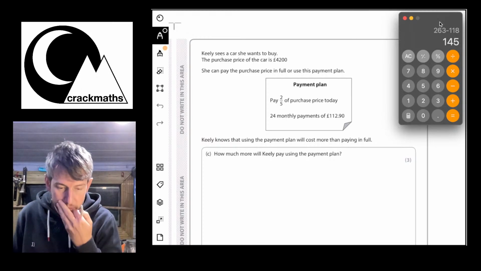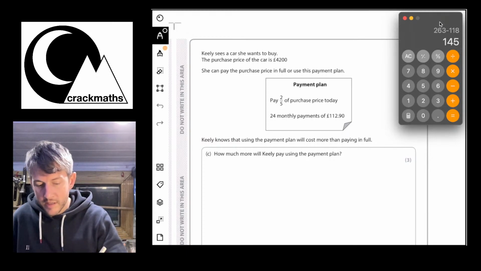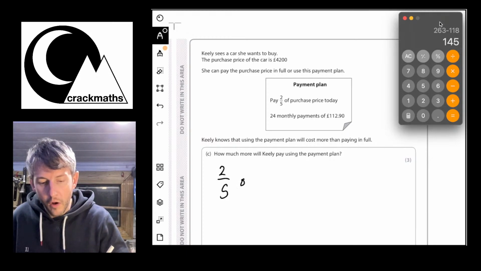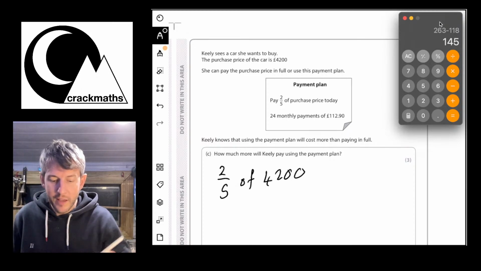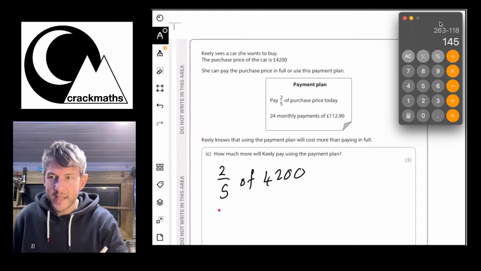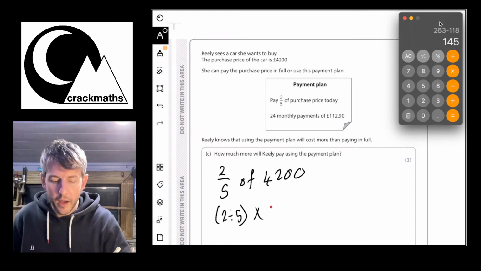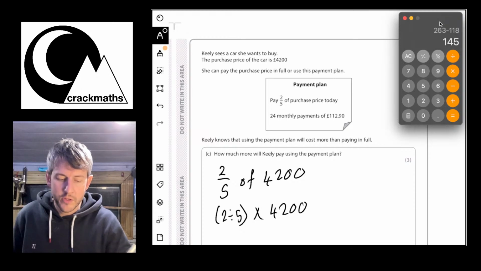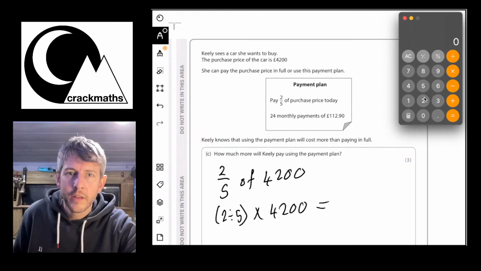Okay, so first of all, we need 2/5 of the price. So 2/5 of 4,200. Okay, so 2/5 means 2 divided by 5. Of means times. So what we're essentially looking at here is 2 divided by 5 times by 4,200. Okay, so let's try that on the calculator.